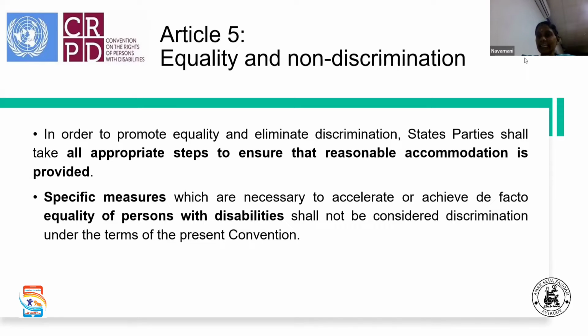So it talks directly about environmental intervention. The next one is that specific measures which are necessary to accelerate or achieve de facto equality of persons with disabilities shall not be considered discrimination under the terms of the present convention.